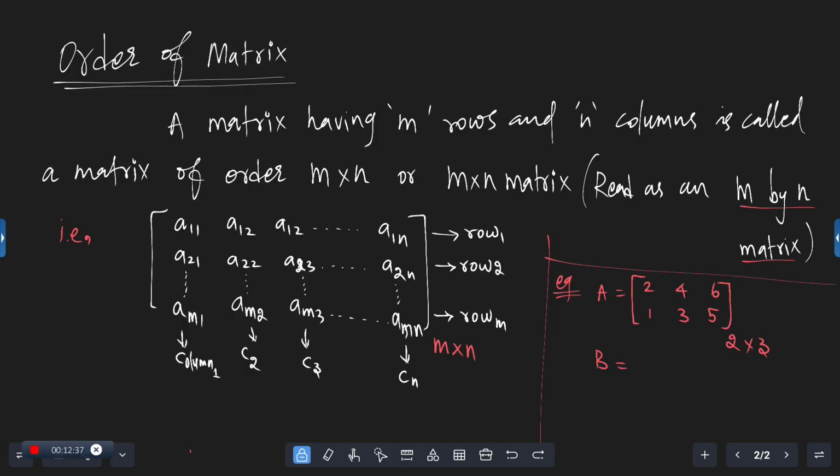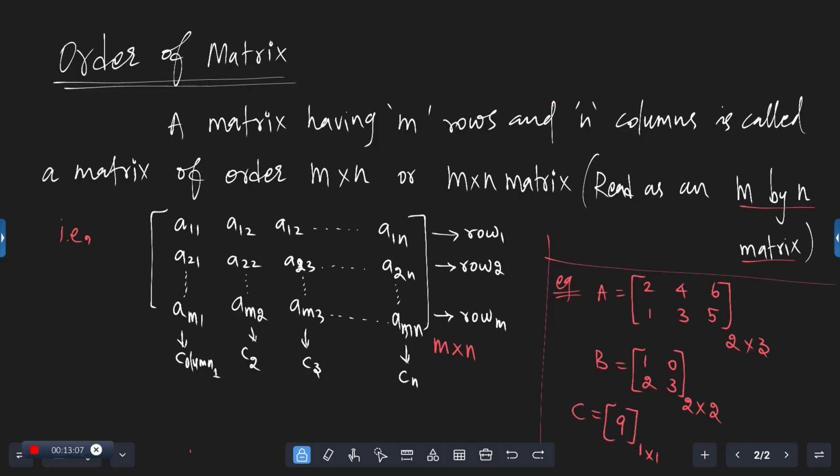Example B. Suppose I have 1, 0, 2, 3. How many rows, how many columns? 2 rows and 2 columns. C equal to the number 9. How many rows? How many columns? 1 row and 1 column.